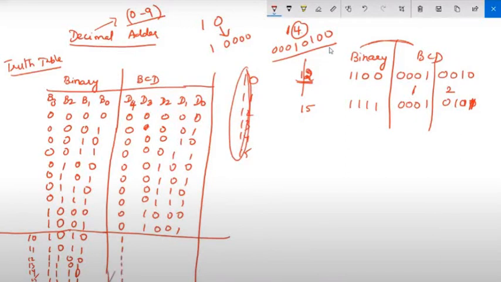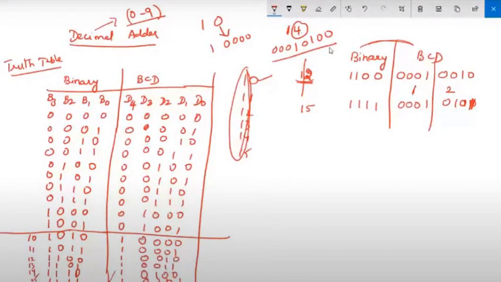And what about the other part, D3 to D0? For 0 it's going to be 0000 and for 1 it's 0001. For 2 it's 0010. The same decimal binary equivalent you have to write. For 10 it's going to be 1 and 4 zeros, for 11 it's going to be 1 0001, and for 12 it's 1 0010, right?